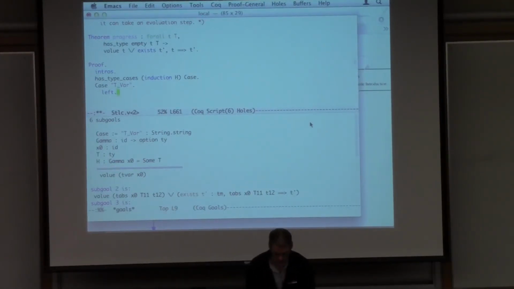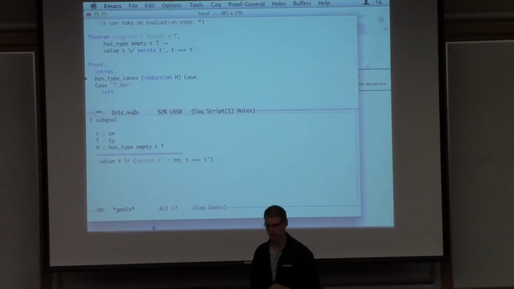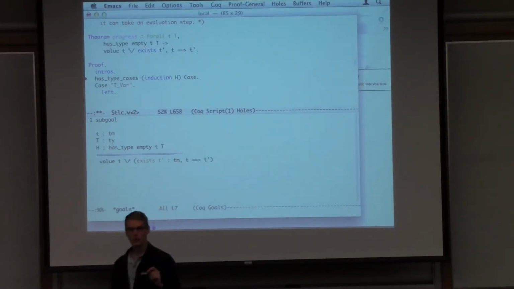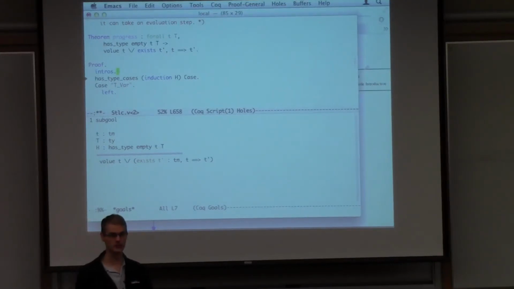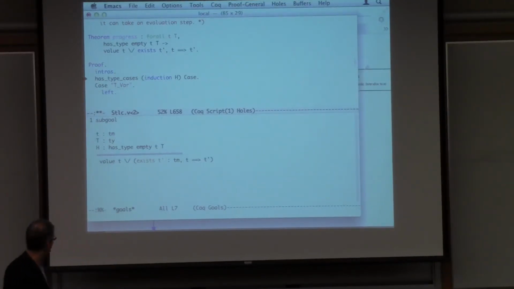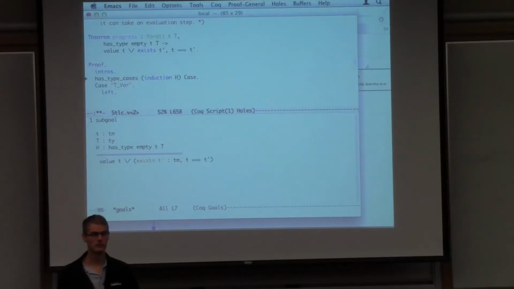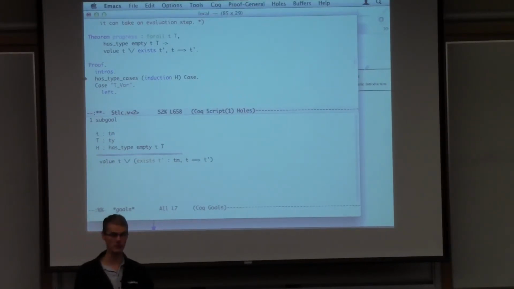Let's look back here. We did induction on H. H was not an arbitrary typing derivation. H was a typing derivation where one of the parameters was fixed. And the induction tactic was the culprit, the one that lost that empty.